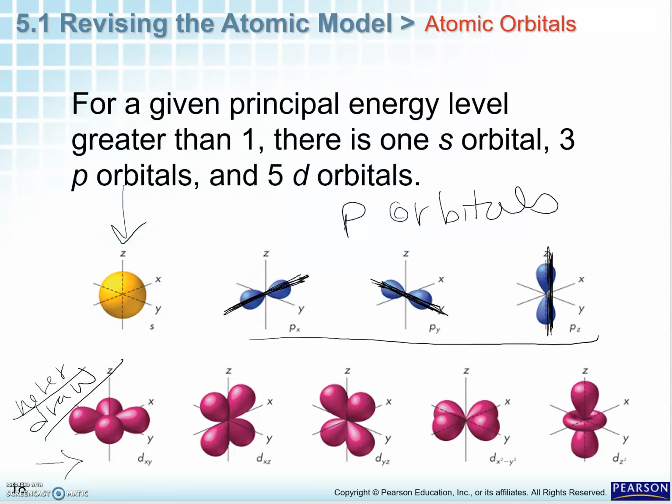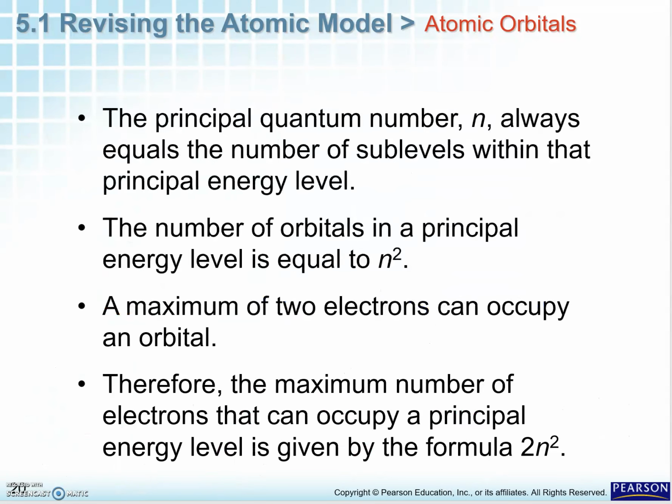But what you do have to know is that each one of these orbitals holds 2 electrons. And it's a way of organizing our electrons so they aren't very close to each other and repelling. Remember, like charges like to push away. So anytime we have these principal quantum numbers, they're always going to equal the number of sublevels within that principal energy level.